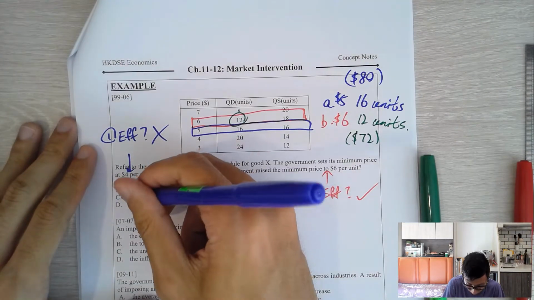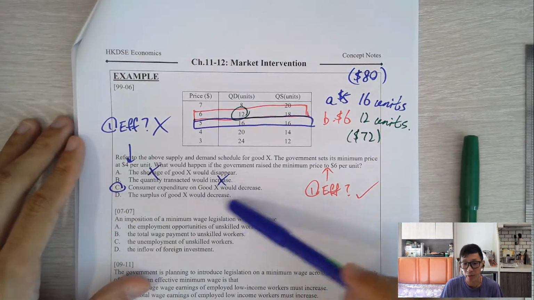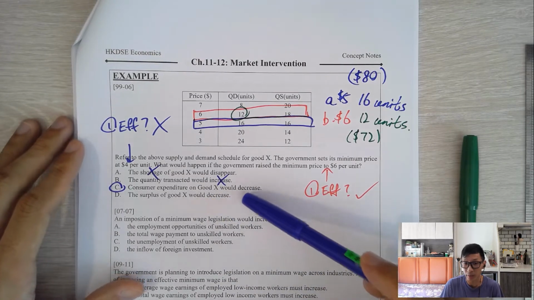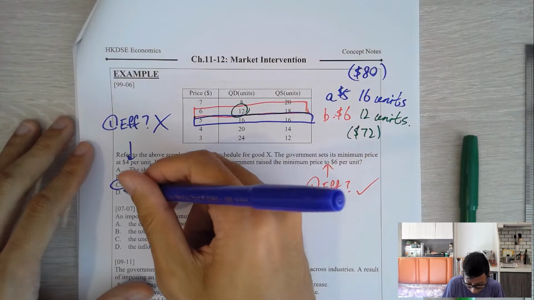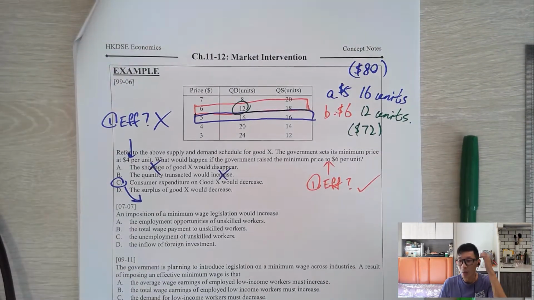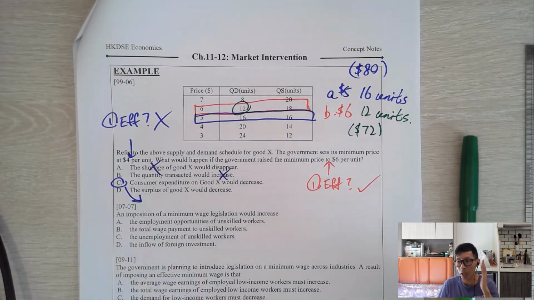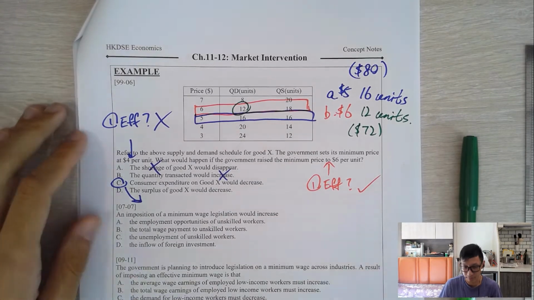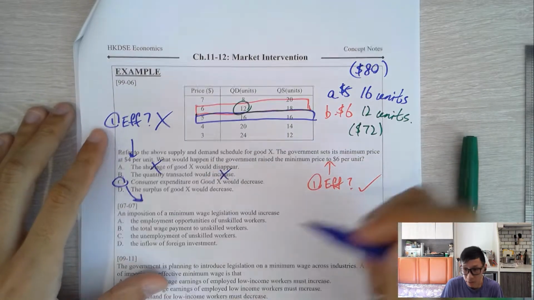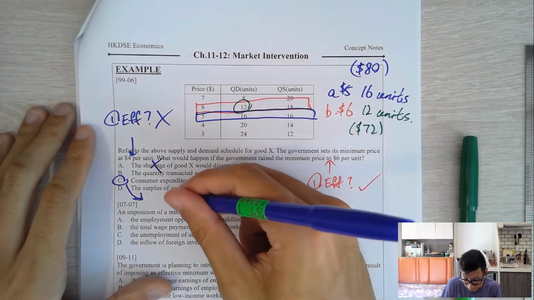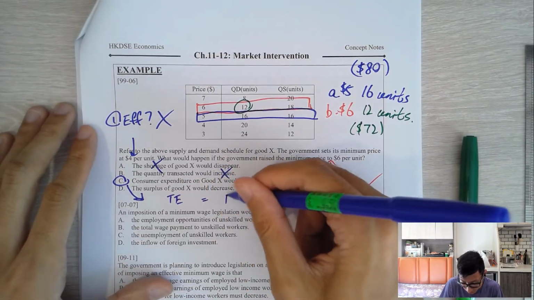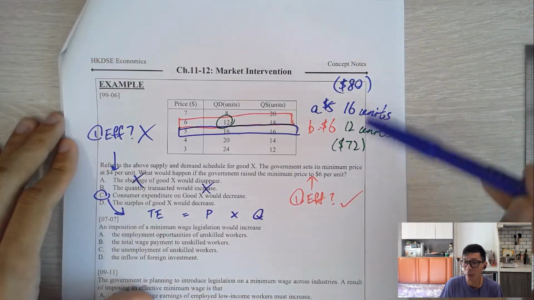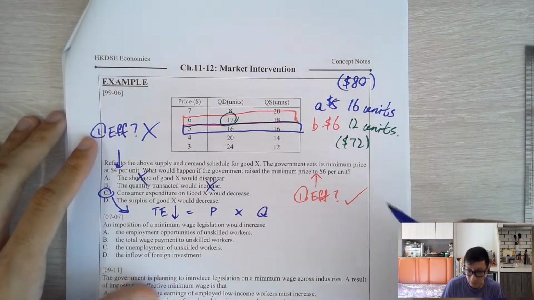Okay, it has dropped 係跌咗啊。Surplus would decrease 唔係啊，原先都冇 surplus。嗱，我哋做多少少嘢啦。If it decreases, what can we conclude about the elasticity of demand？我哋咁做好容易嘅啫，都係嗰句啦。Remember our very useful formula: TE equals to P times Q. Now we know from our conclusion this is going to decrease.